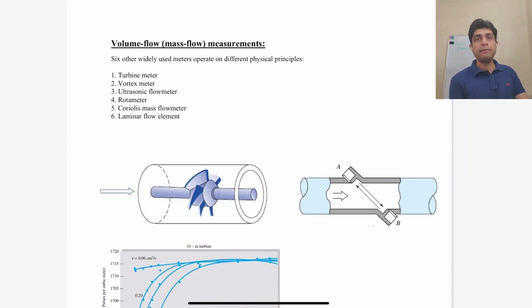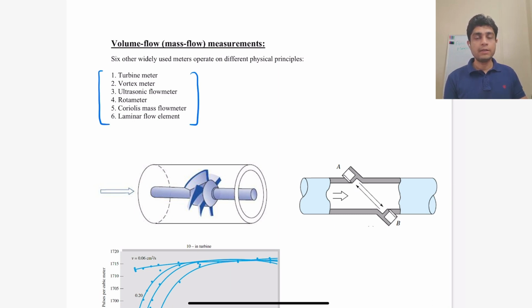Now these obstructive Bernoulli type devices are useful and widely used, but as we have seen, they lead to significant head losses as the fluid flows, which is often undesirable. So there are various other techniques, and I'll describe a few of those which have smaller losses, are also highly accurate, and some of which are non-intrusive.